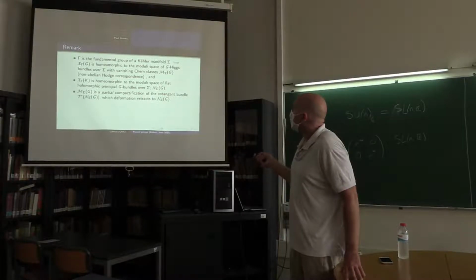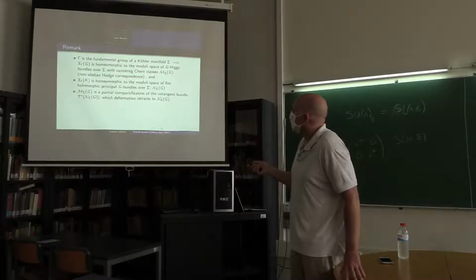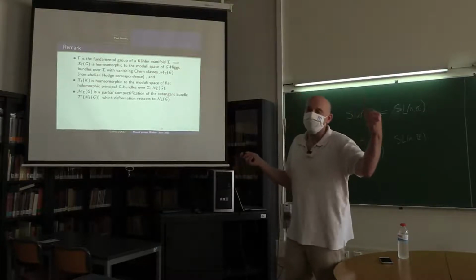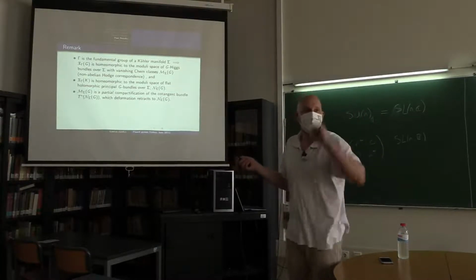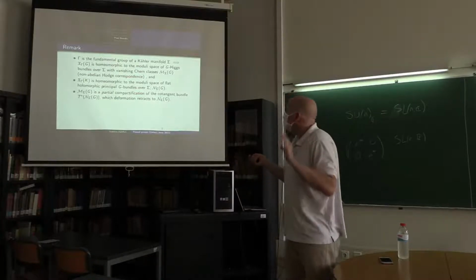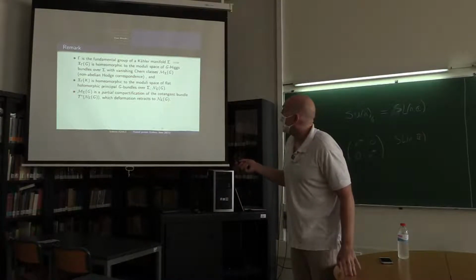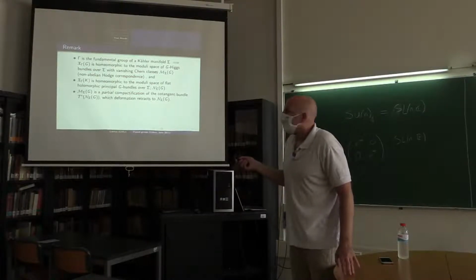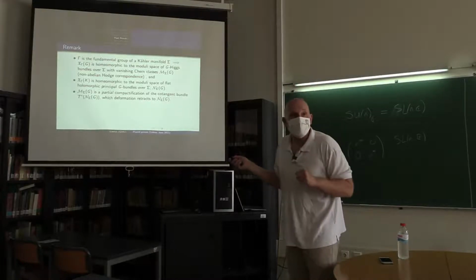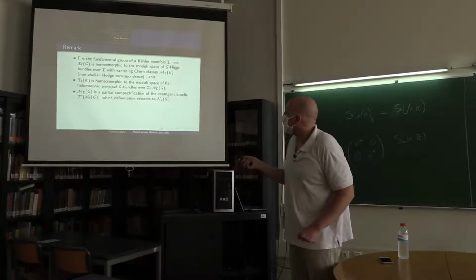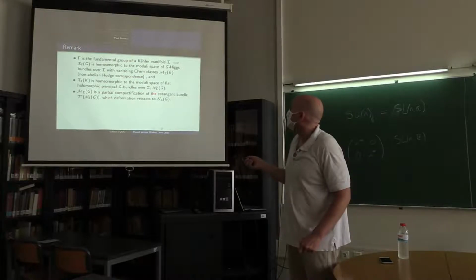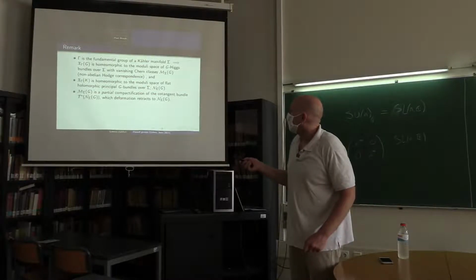But now we can make another observation: if we look at the cotangent bundle of N, that's essentially adding a Higgs field. The Higgs field really is like a direction vector. But this space is not equal to this one. There are actually limit points, boundary divisors. So this space is actually a partial compactification of this space here.